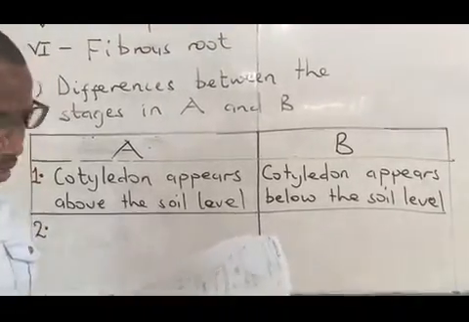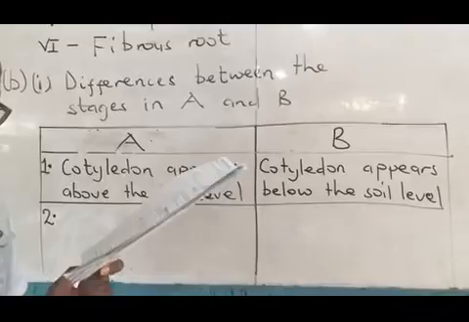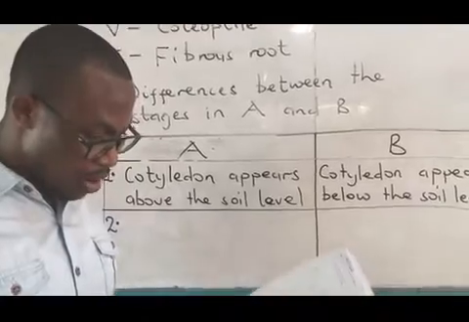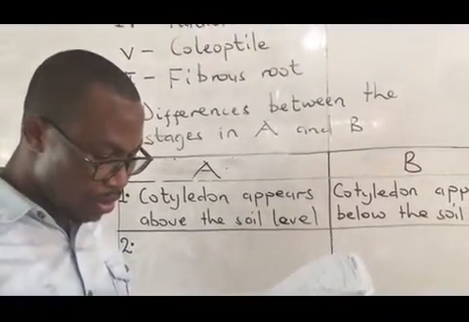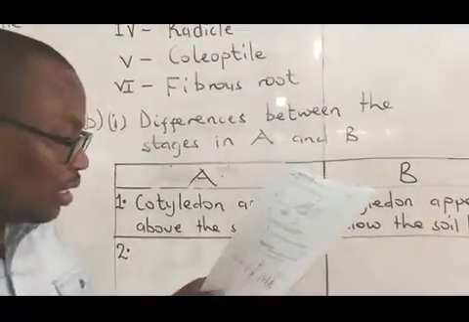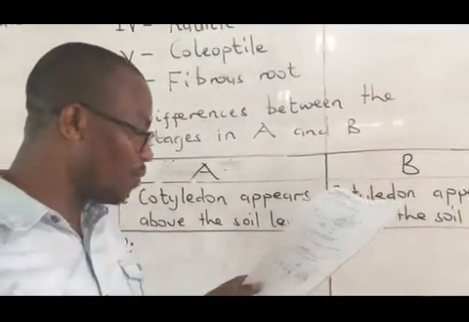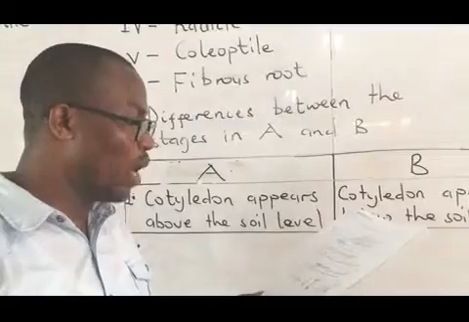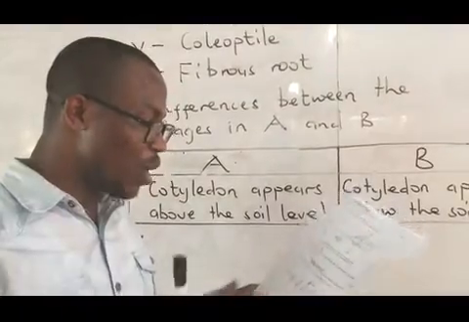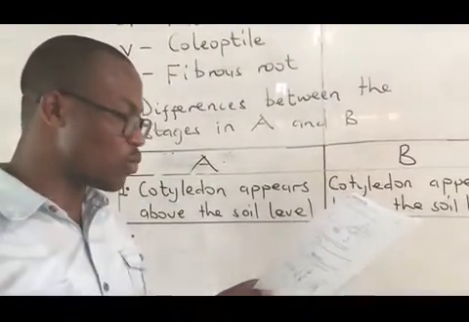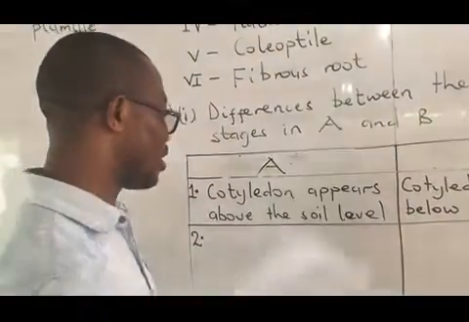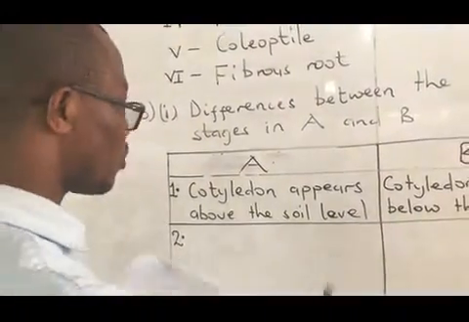Now, what is another difference that you can come up with if you compare both diagrams? You realize that in A, there is one main root, or there's a tap root, with smaller roots attached. But in B, the roots are of the same size, so that's why we call it the fibrous root. So there is a tap root with other smaller roots attached, then there's a fibrous root system.